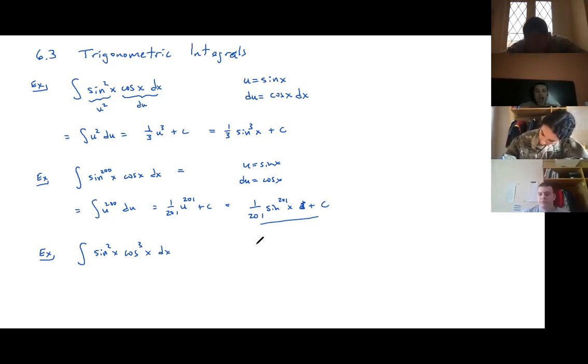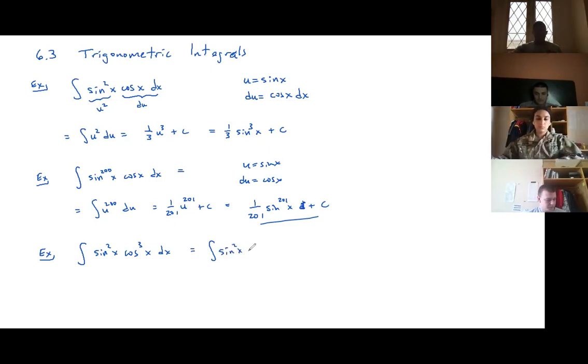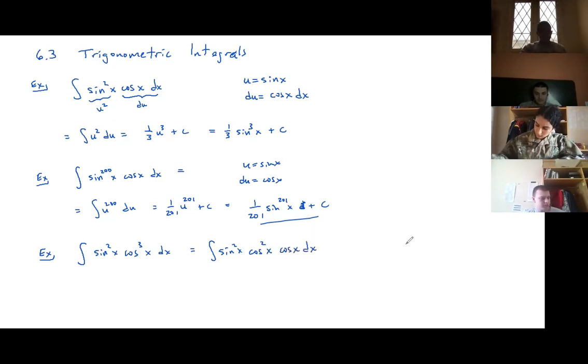That's different. So now the trick is, this is going to work, but I've got to do some algebra. What I'm going to first do is recognize that this is sine squared x times cosine squared x times cosine x dx, right? This is one of those cases where you can say, I don't know where you're going, but you haven't done anything false.